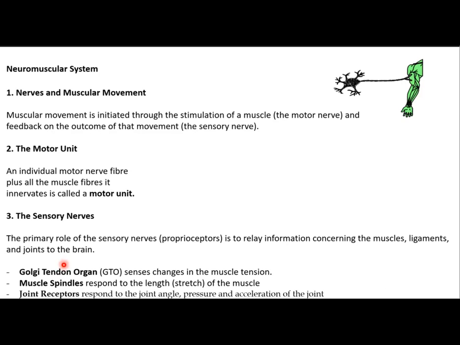And why you need to know this one comes later when we're doing flexibility, and when we're talking about stretch reflexes and how you can actually use proprioceptive stretching, so PNF stretching, in order to improve, let's say, flexibility in your client. Okay, so you need to know how this one works.